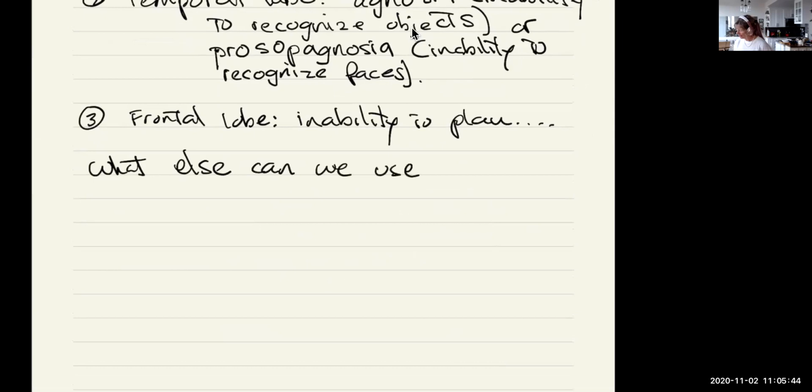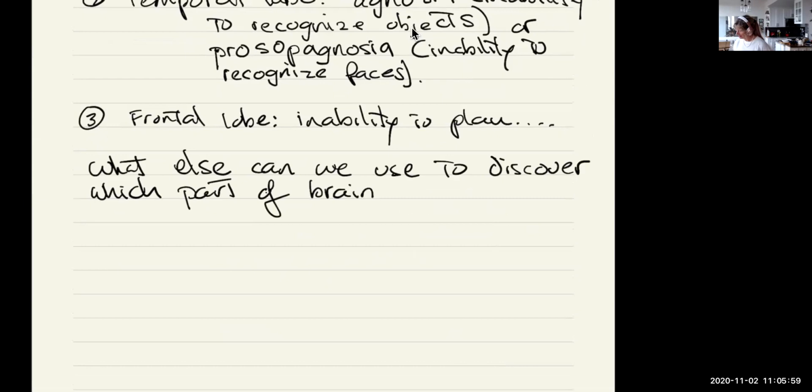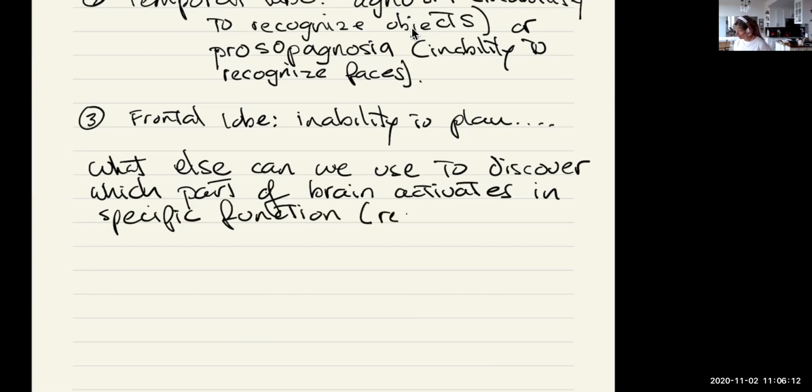So what else can we use to discover which part of the brain activates in specific functions? As above, like recognizing objects, for example.